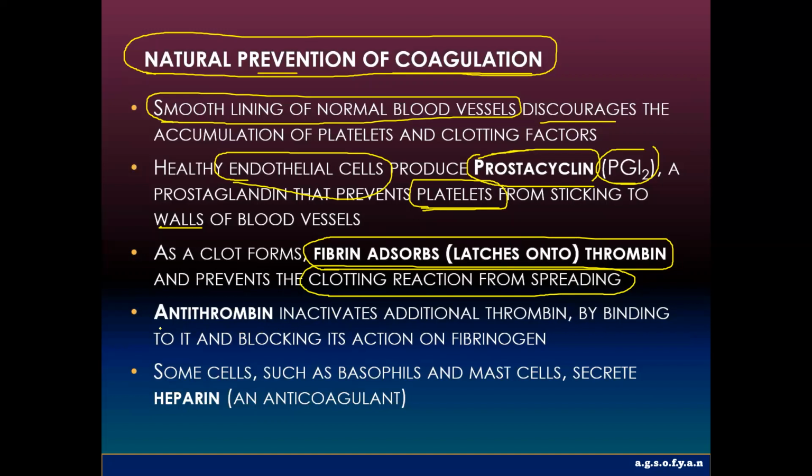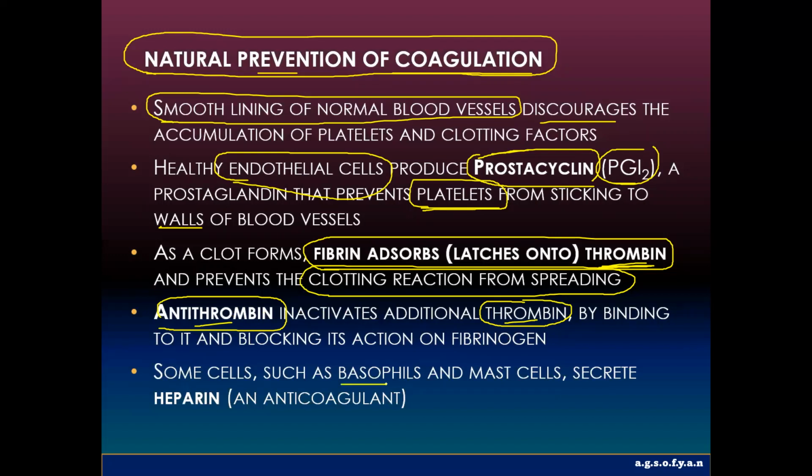There is another natural substance that we produce, called antithrombin. This one will inactivate the thrombin. It's not only fibrin that will attach to the thrombin, there is also antithrombin that will inactivate the thrombin. So the series of blood clotting will be prevented.